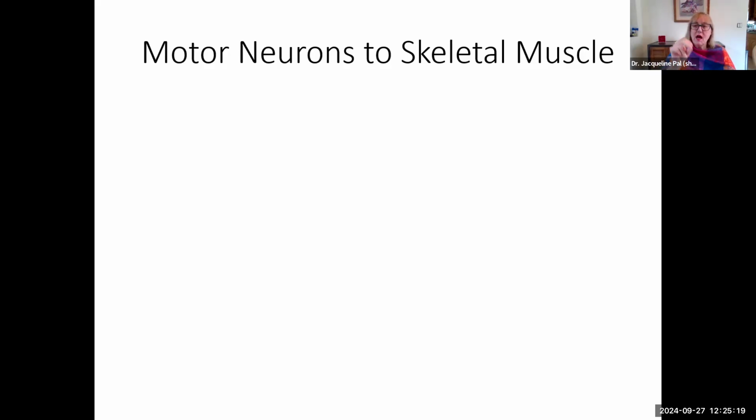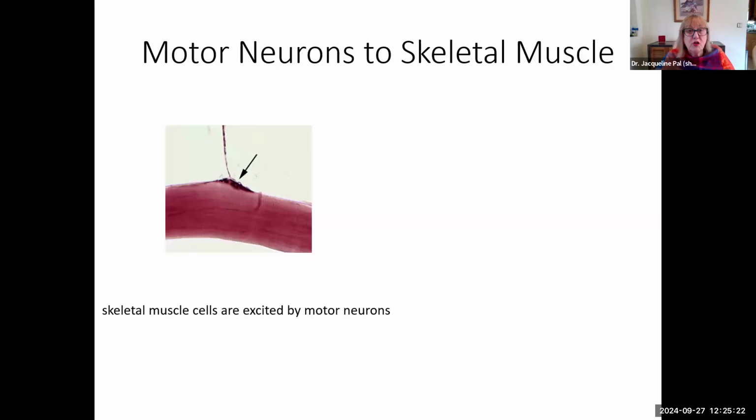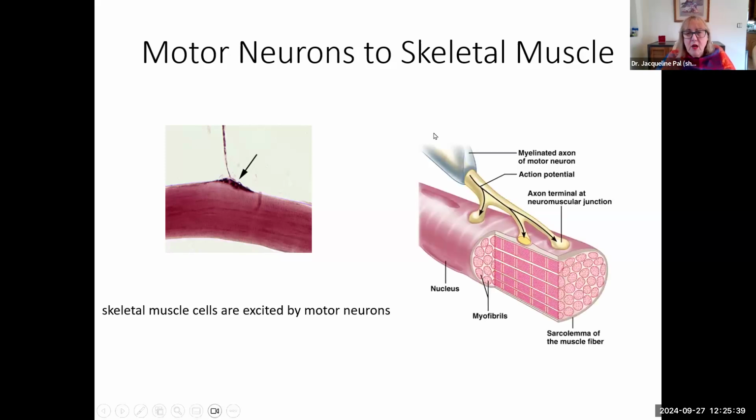So that message will come down the axon to the axon terminal, come down one of the axon terminals all the way to a myocyte, because these skeletal muscle cells would be excited by motor neurons, and we will find out how in later videos. Okay, so here's that axon coming down to axon terminals. As you can see, this one is showing branching in 3 different places, and this one's showing all the 3 places going to the same myocyte. Now, that's not true in real life, but it's fine for this picture.